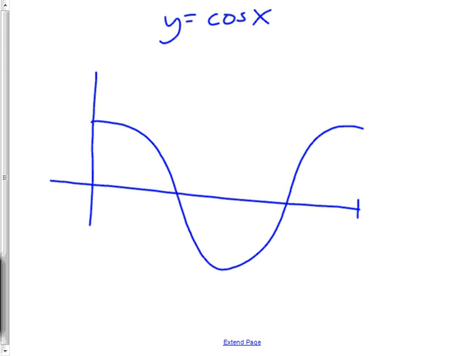I always like to start my numbering at the end, 2 pi, and then I go halfway, there's pi, and then I go half of that, pi over 2, and then in between here, 3 pi over 2. I never feel like I draw cosine perfect, but that's okay, you don't have to be perfect. There's 1, and this will be -1. Okay, there's my cosine graph.